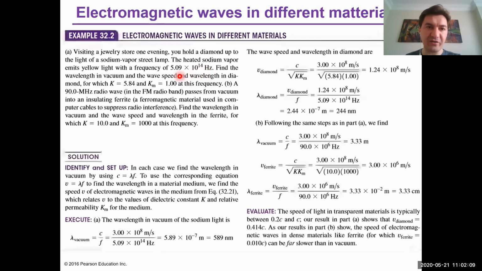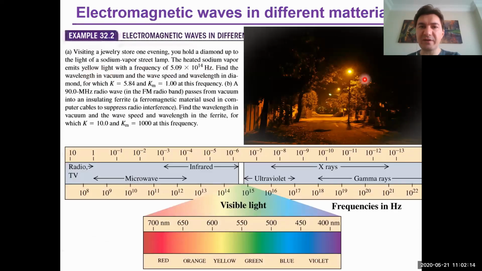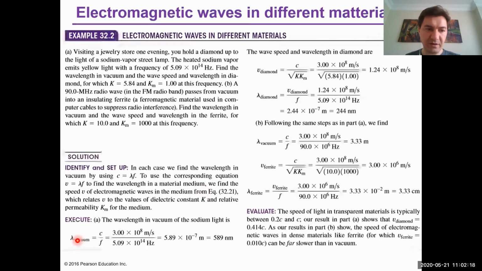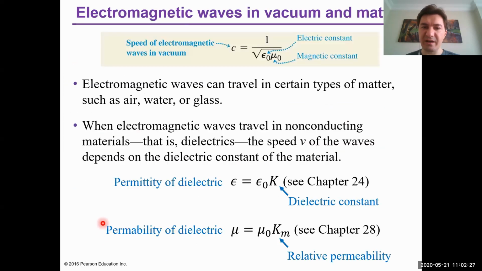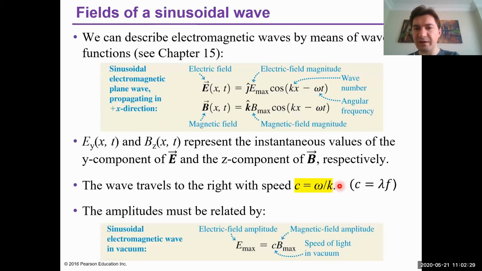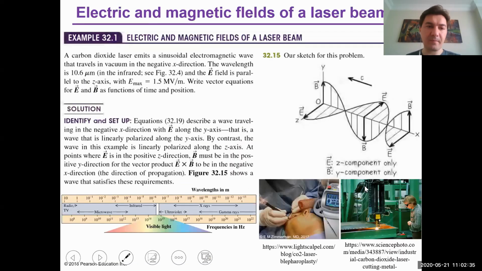The first question: what about the wavelength of that yellow light in vacuum? Wavelength in vacuum can be written like this, C over F, frequency. Again, remember that formula, okay? Lambda times F gives us the speed of light in vacuum.